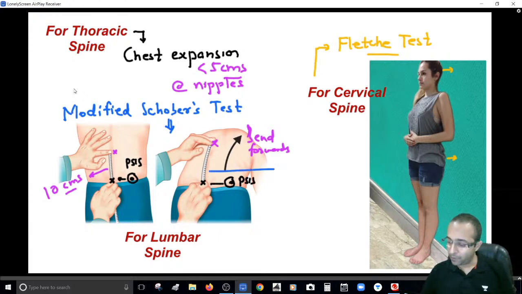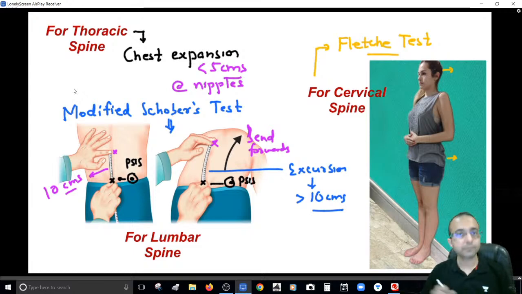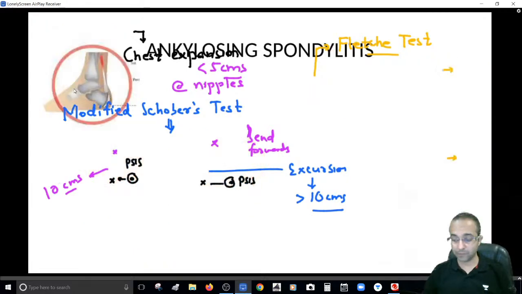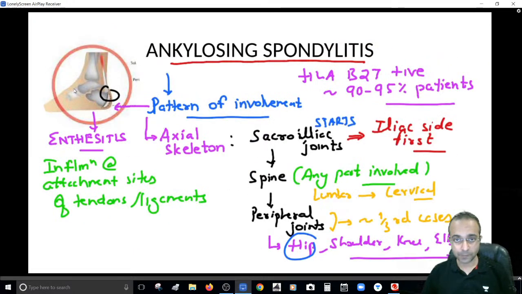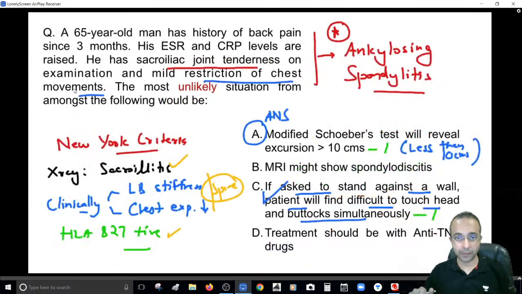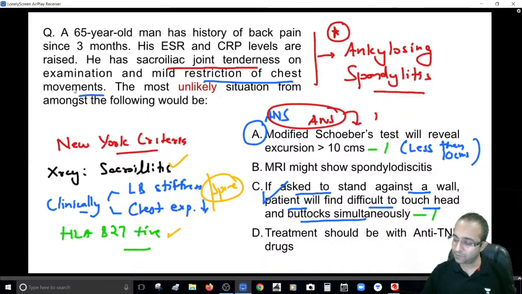Normally, in a normal person, the excursion will be more than 10 centimeters. But if the lumbar spine is involved, like it could very well be the case here, the excursion will be found to be less than 10 centimeters, not more than 10 centimeters. So I hope that tells you how this is the answer, because this choice is incorrect in context of ankylosing spondylitis.